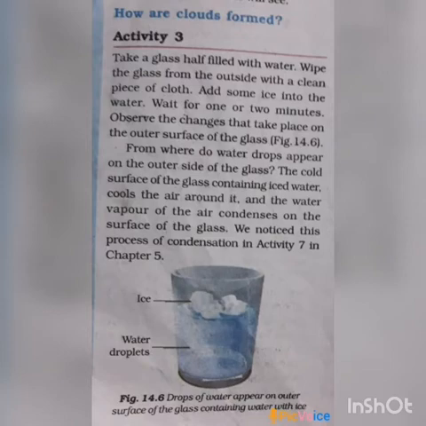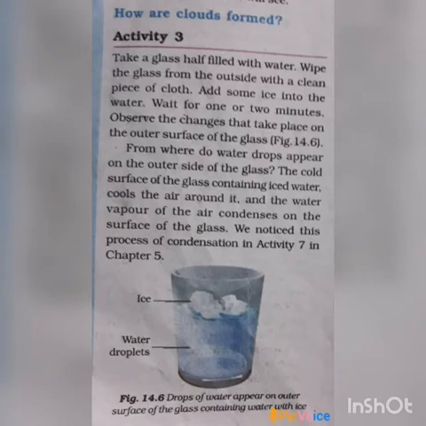The cold surface of the glass containing iced water cools the air around it. The air is around us, isn't it, children? So, the air is also around the glass tumbler. Inside the glass, it has iced water.